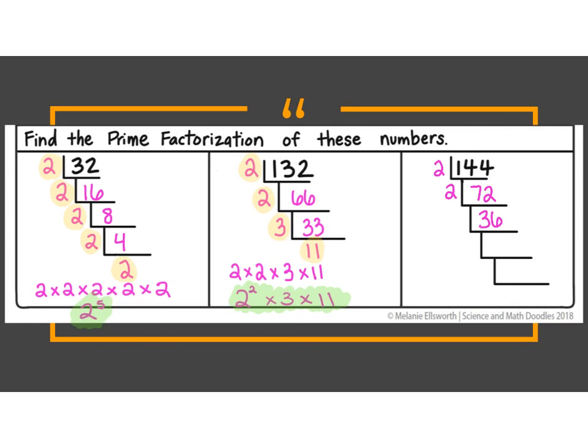We can divide 36 by 2 as well, and we get 18. We can divide 18 by 2, and we get 9. And 9 can be divided by 3, and when we divide by 3, it equals 3. Now we are left with only prime numbers, so we can circle them.